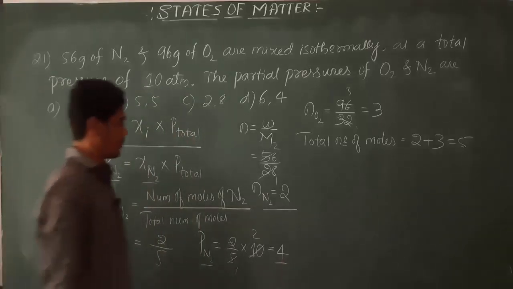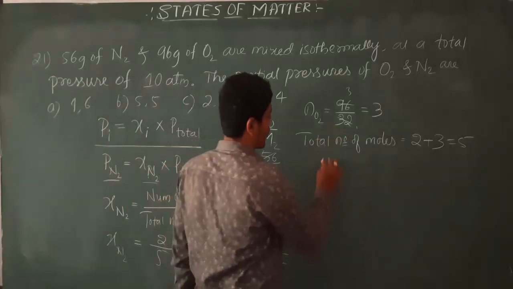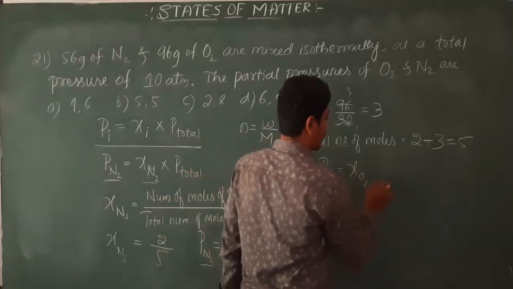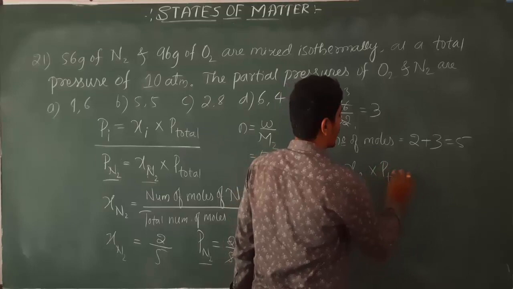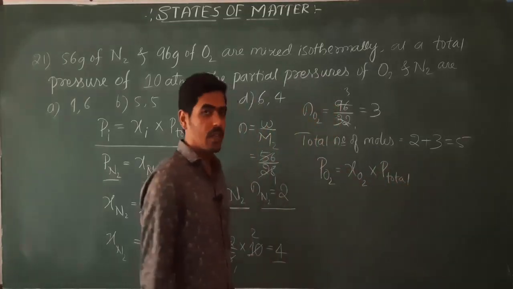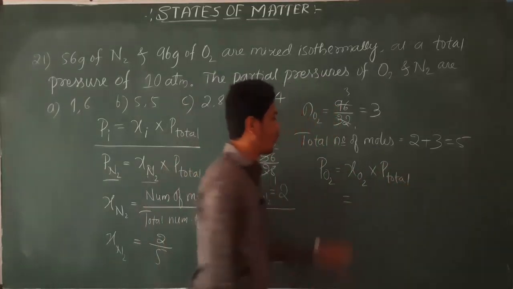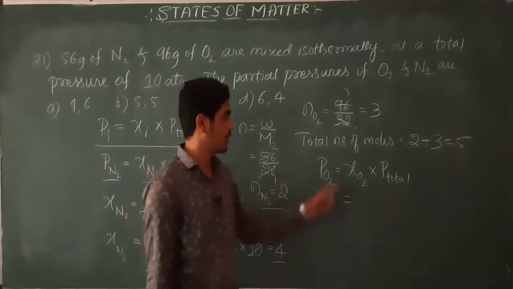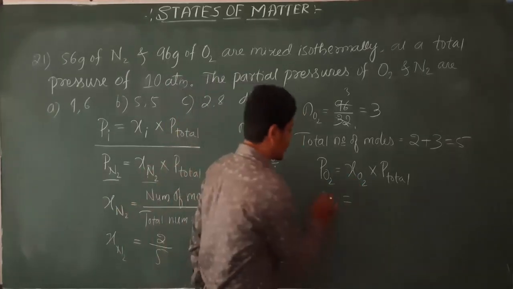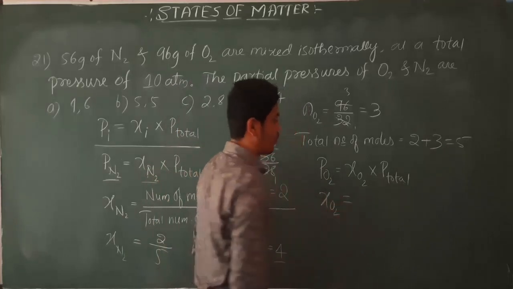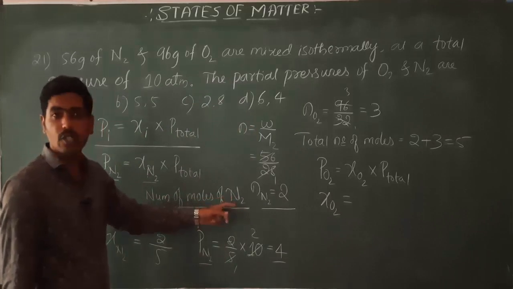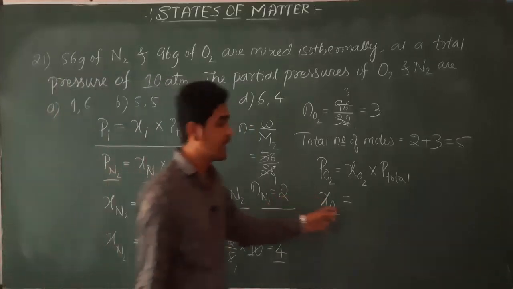Then what is the partial pressure of oxygen? Use the same formula. PO2 is equal to XO2 into P total. First you have to find the mole fraction of oxygen. How do you find it? XO2 is equal to the number of moles of oxygen, since here you have taken nitrogen, now you have to take oxygen.